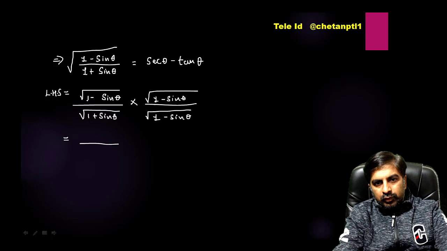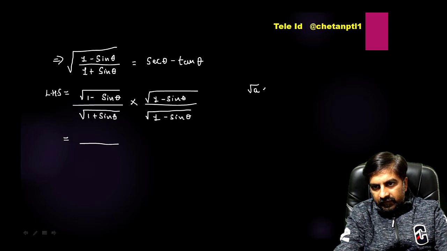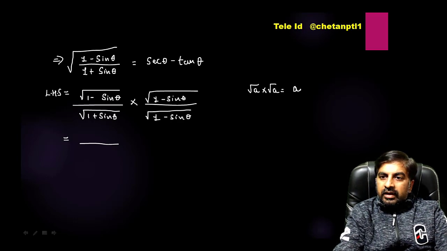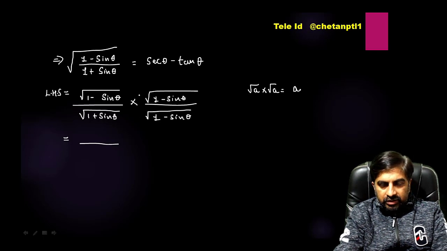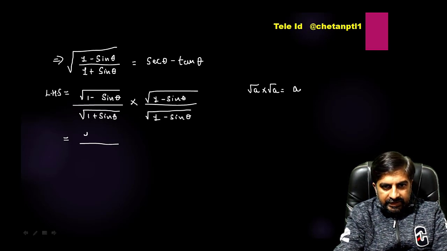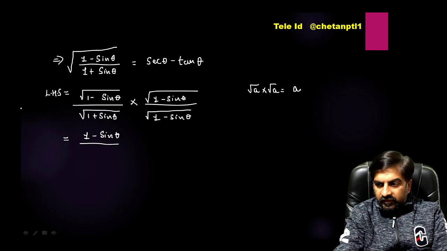Now here you can see numerator 1 minus sine theta, root 1 minus sine, same term. So let me explain something here, guys. If it is like root a into root a, then that will become a. So here the same term with root, so directly I can write 1 minus sine theta. But in the denominator both these terms are different. Why?